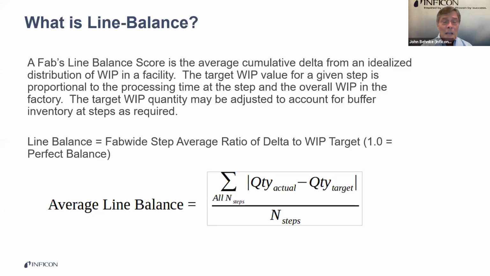And when you're done, you then take these target values of what you would like to have as an ideal state, and you look at the delta from the ideal state on every step, and you take the average of that, and that becomes an average line balance. And if you were perfect, which nobody is, you would have a line balance even if you've got 600 steps of 1. That is not typical, but that is the way we measure, quantify, and track your ability to improve line performance.